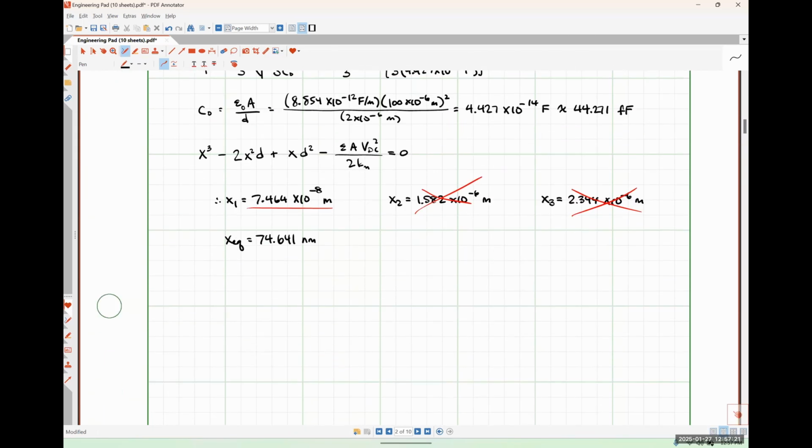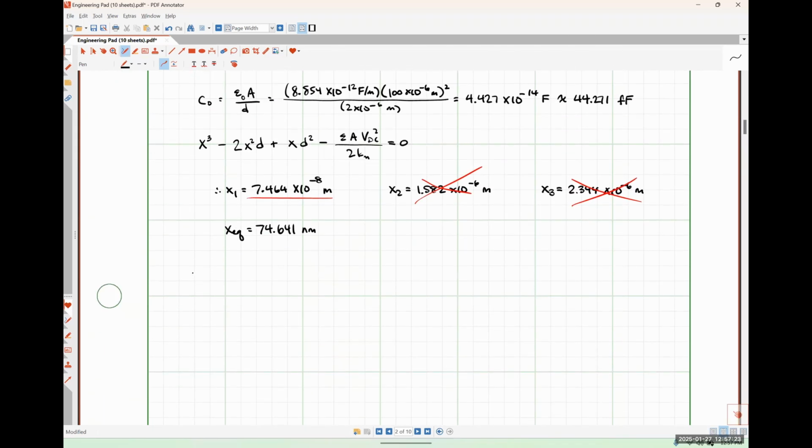Using this particular value, then our electromechanical transduction factor NP, which is VDC epsilon A over D minus XEQ quantity squared.